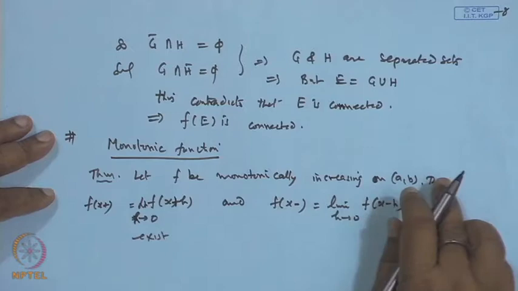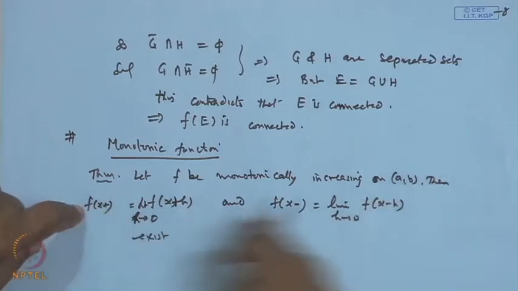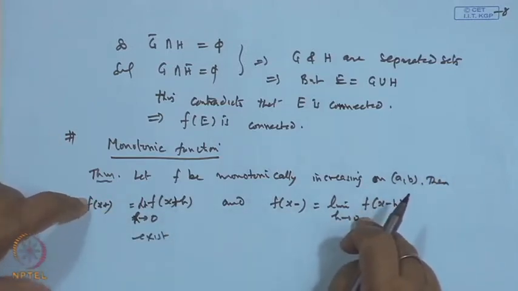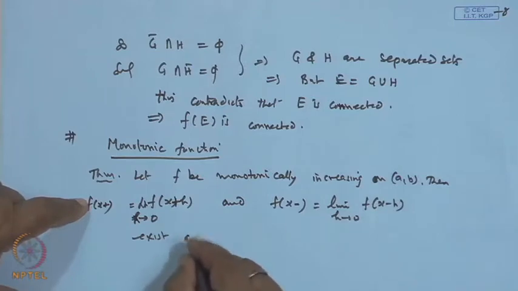If f is a monotonic increasing function, the left hand limit and right hand limit will always exist at every point x of the interval (a, b).